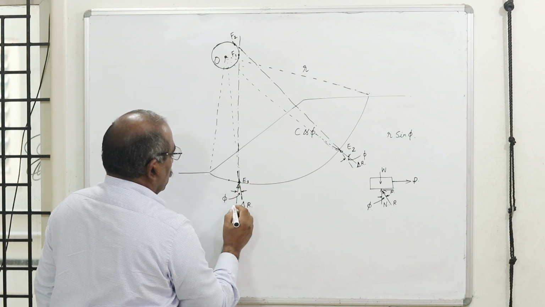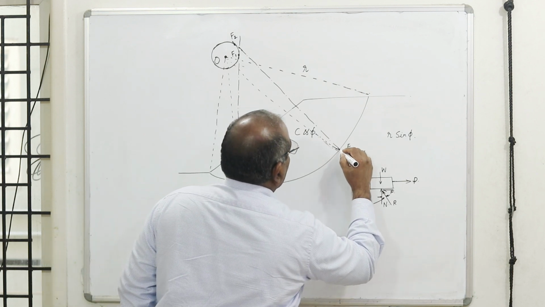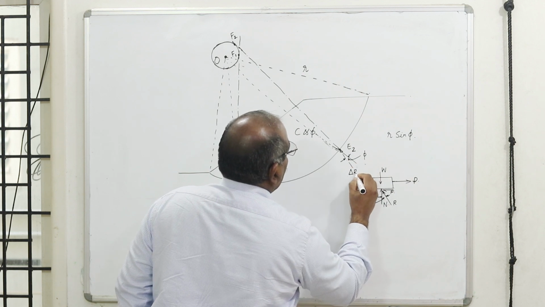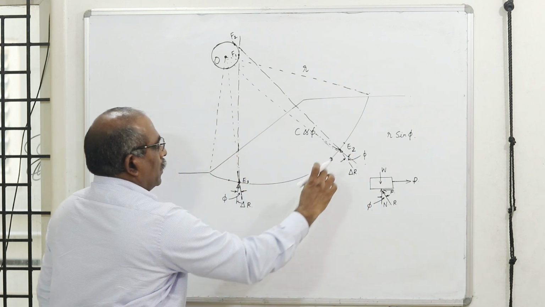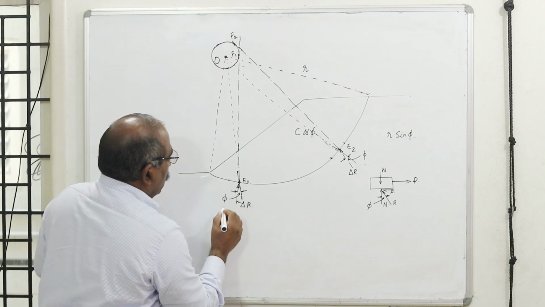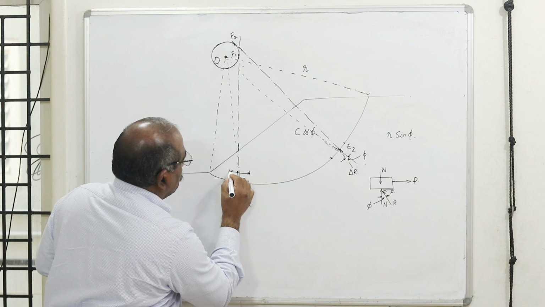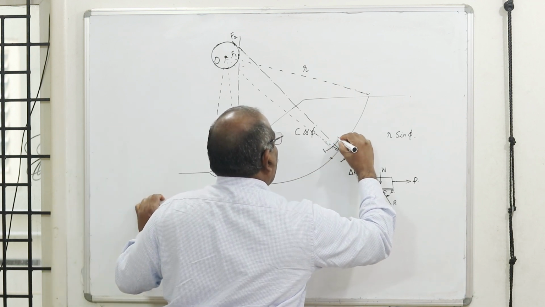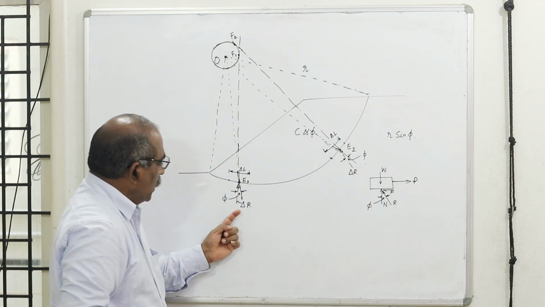Similarly, this is the normal, and this is the friction force, and this is the delta R. Delta R is the elemental reaction on the slip arc. Let this elemental distance be delta L. Therefore, this is the elemental reaction.